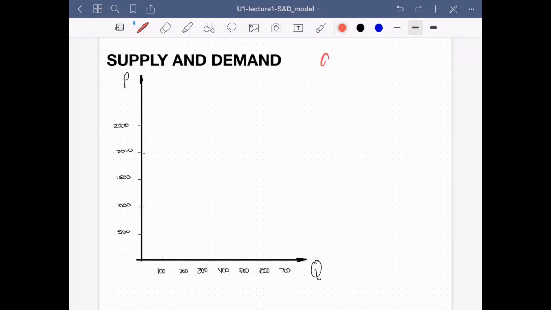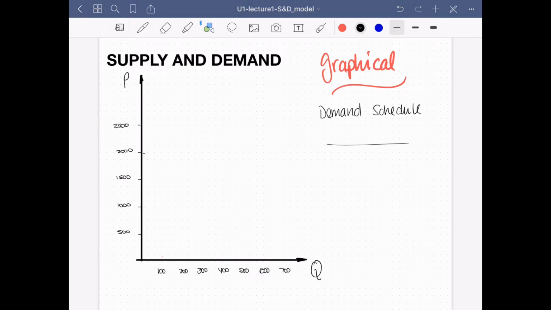Now let's look at the graphical interpretation of this model. First, we will need a demand schedule. This is information from the market about how much people are willing to pay to have a certain product and what quantities will be demanded at each price.